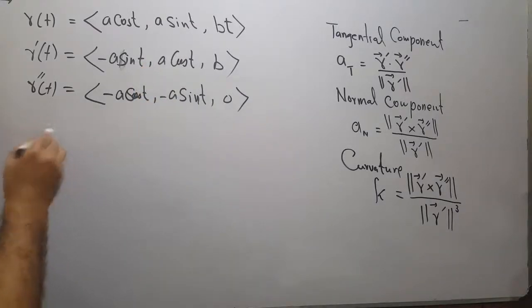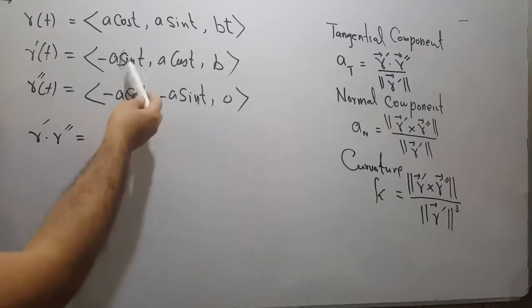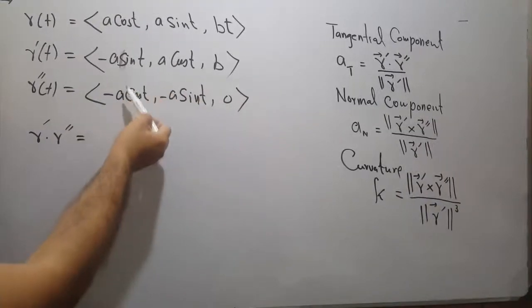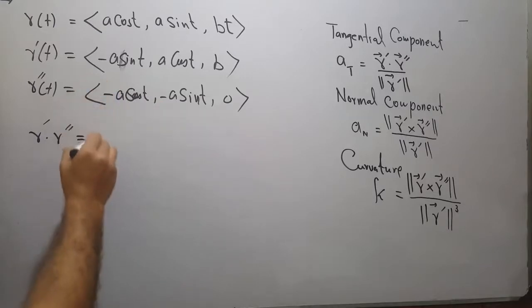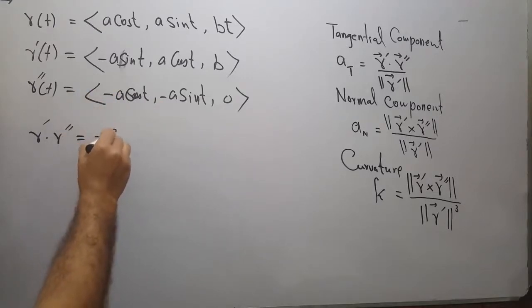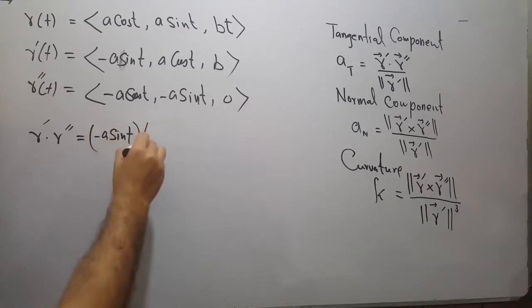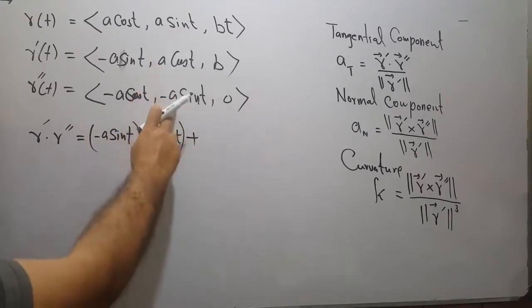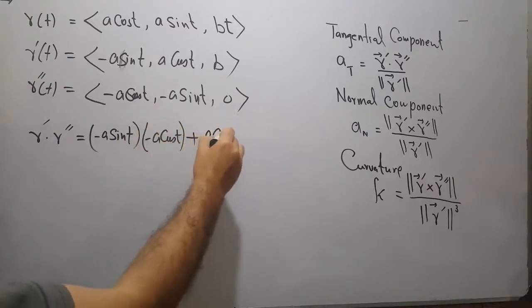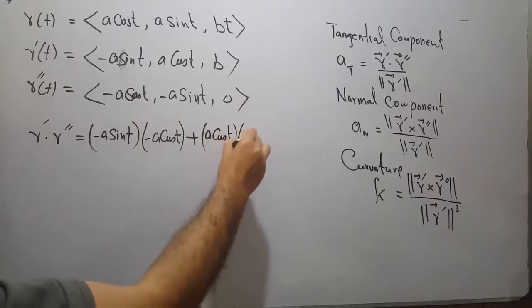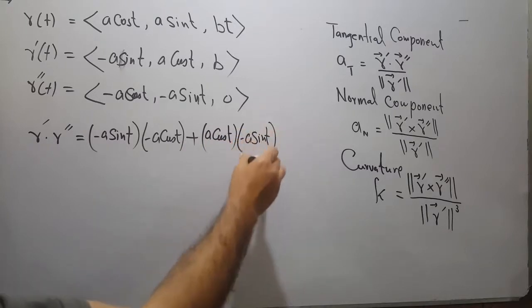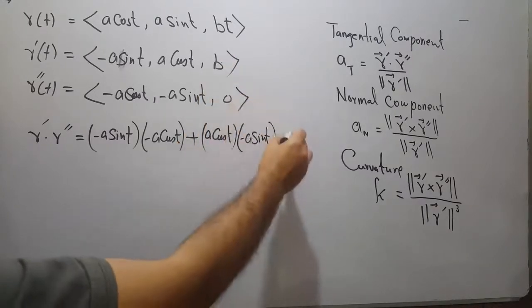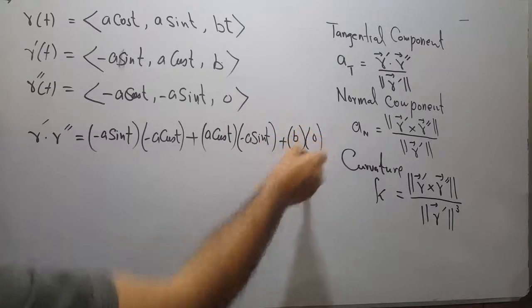So now we need to find this dot product, r prime dot r double prime. You multiply component-wise and add them. So this component multiplies this one: minus a sine t into minus a cos t, plus this component times this one, a cos t and minus a sine t, and plus the last two components, b into 0.